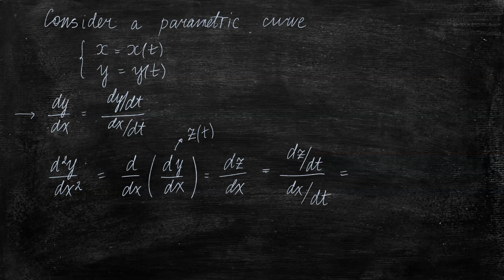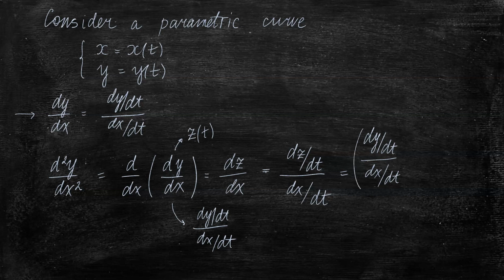Z is actually dy dx, which, as we just found earlier, is dy dt over dx dt. So putting it all together gives us the following formula, which is pretty intimidating.